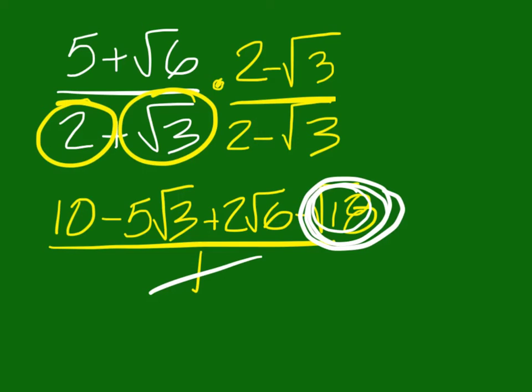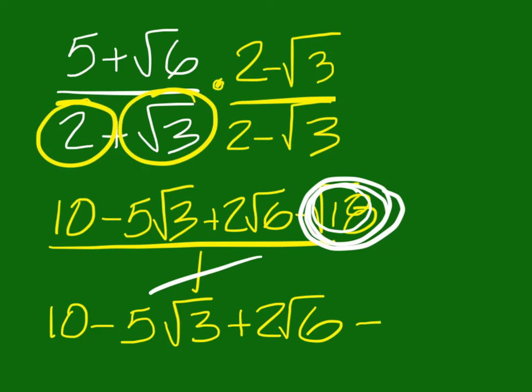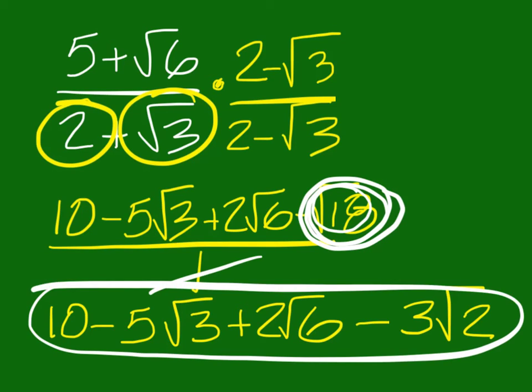There we go. I tried to delete all those white circles, but it did not work. But the square root of 18 can break up as 9 and 2. So square root of 9, square root of 2, that would be 3 square root of 2. And now you're finished. There's nothing more that we're going to do with this right now. So that's your answer.